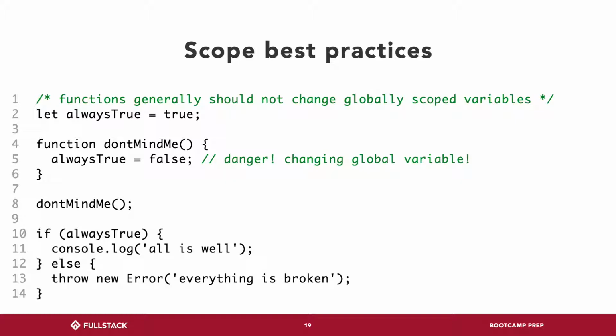Yeah, so does anyone know what will log here in this case? All is well, but then we called this function and it reassigned this. It would go into the error because we're calling this function and this is reassigning the global.